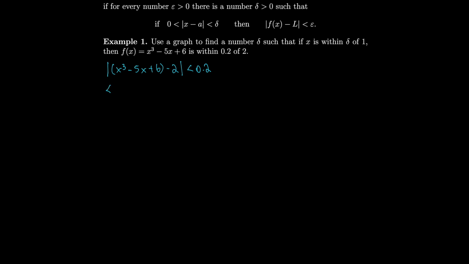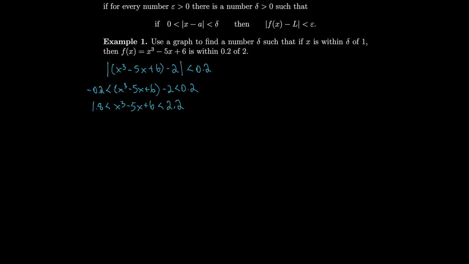So this will be negative 0.2 less than x cubed minus 5x plus 6 minus 2 less than 0.2, and we can just add 2 to every side. So 2 minus 0.2 becomes 1.8. We still have our x cubed minus 5x plus 6, and we have now 2.2.